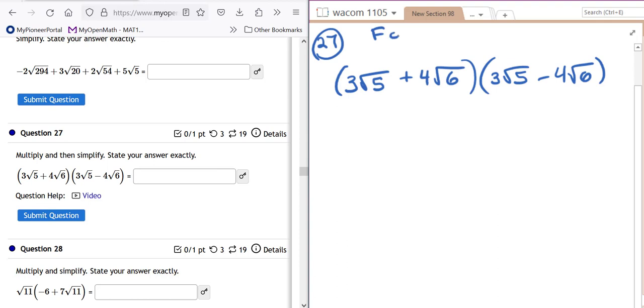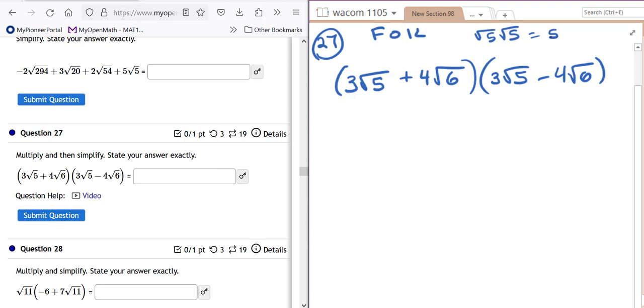So we're going to do FOIL. Basically, things outside the radicals multiply, things underneath the radical multiply. When you do the same square root times itself, it removes the radical. So square root of 5 times square root of 5 is going to be just 5. You can take that shortcut.